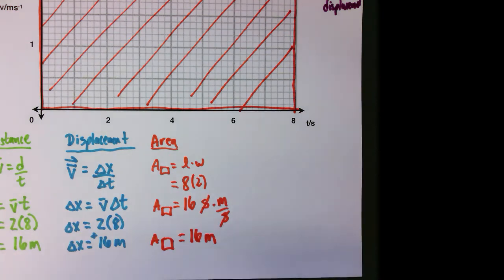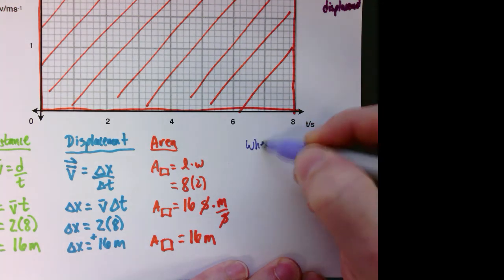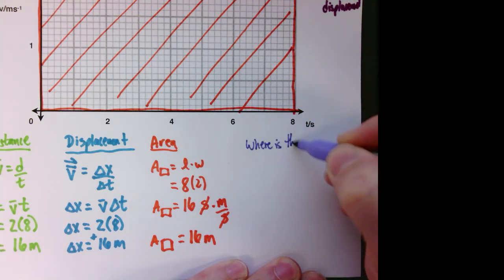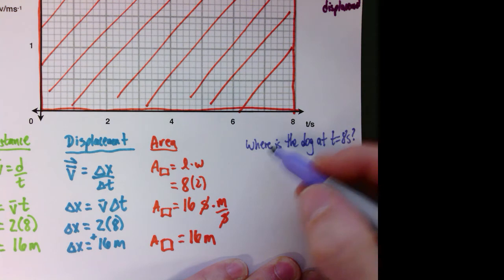So the last question that I would like to ask is, where is the dog at the end, at t equals 8 seconds? This is the position.